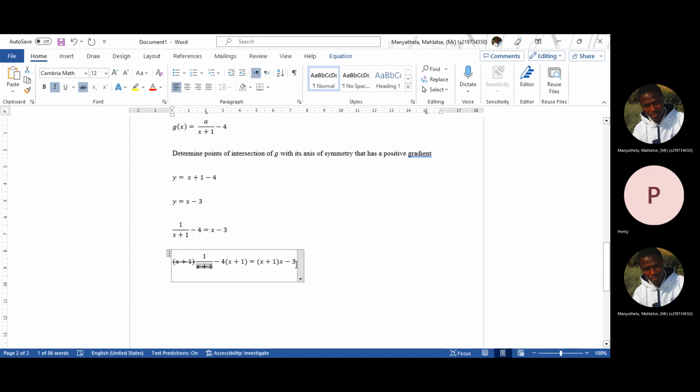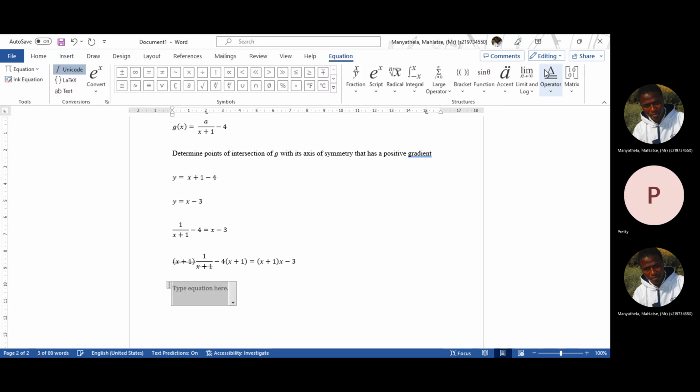Then minus 4 times x plus 1 gives minus 4x minus 4, equal to the product in brackets.